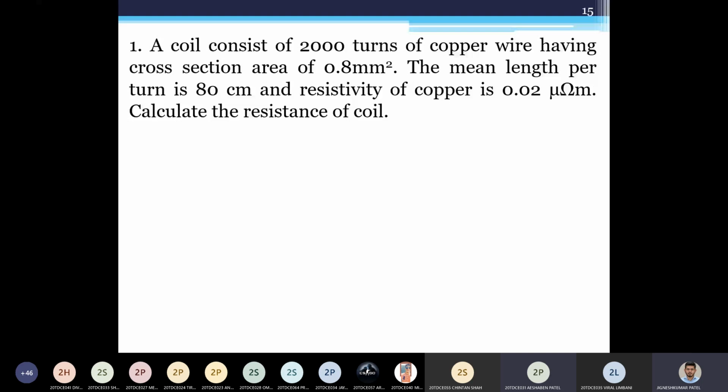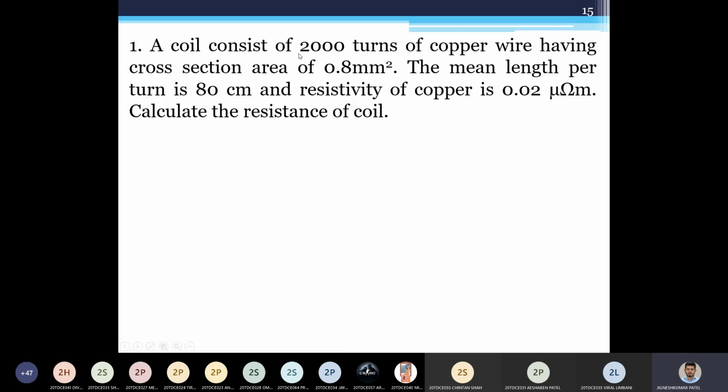40 ohm. Okay, so I hope everyone is getting the answer 40 ohm. How you perform this? It is very simple. First, you have a 2000 turn copper wire having the cross section area of 0.8 mm square and the mean length per turn is 80 centimeter.